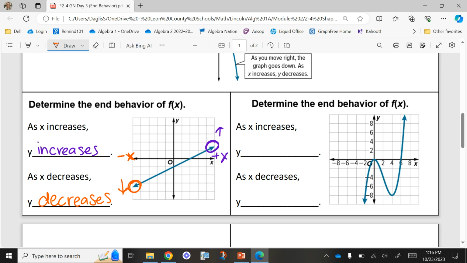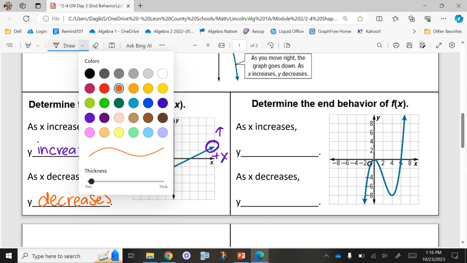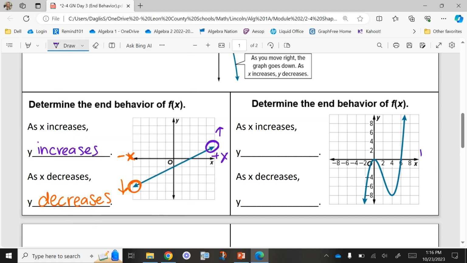All right, the one right next to it, we got some curves going, but do I care about the middle if we're looking at end behavior? No, I care about the ends and the ends only. I don't care about turns or anything in the middle. Okay? As x increases, so that's looking at the right side, right? These are my positive x values.